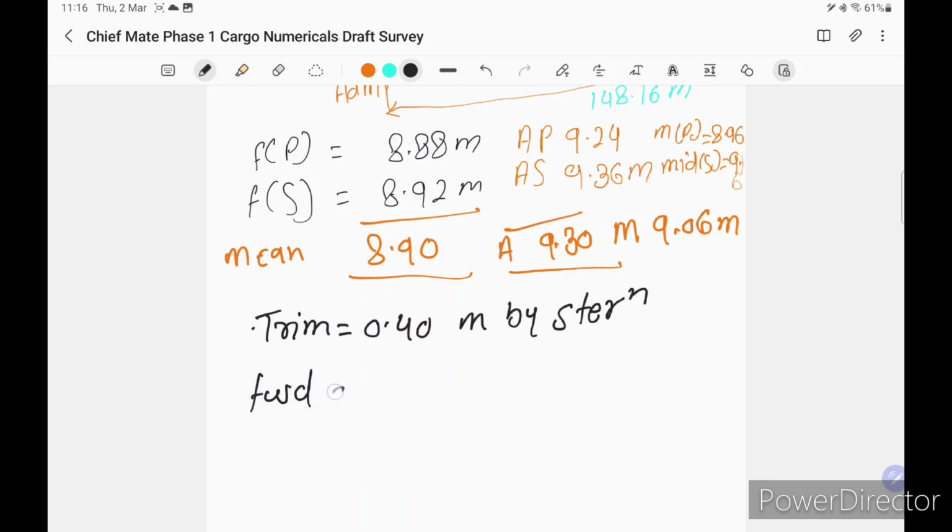Now we will calculate forward draft correction.